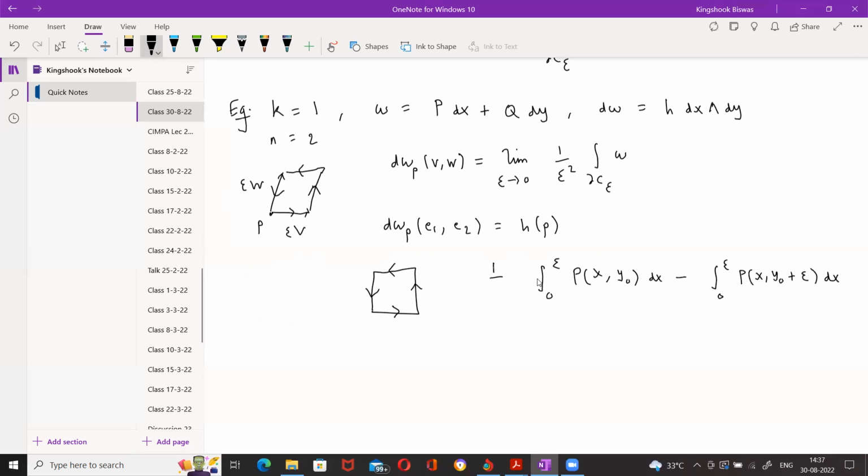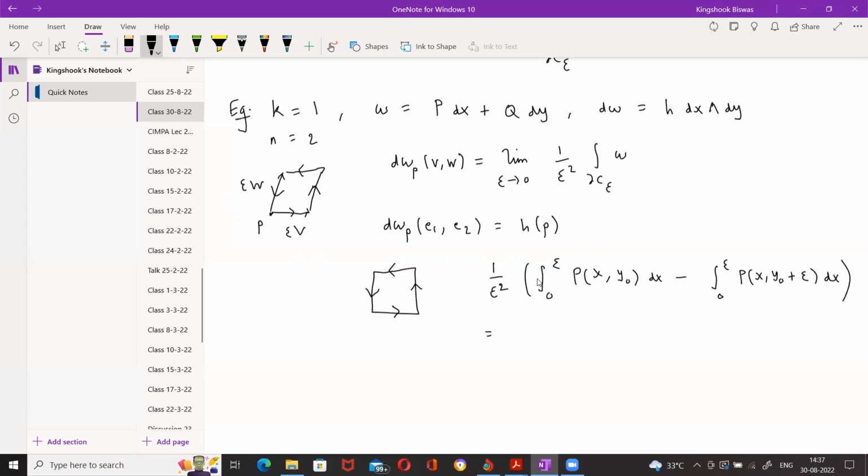And I have a 1 over epsilon squared here. I think this is correct. These integrals will be of order epsilon. And now I look at the difference, right? So what will this be?